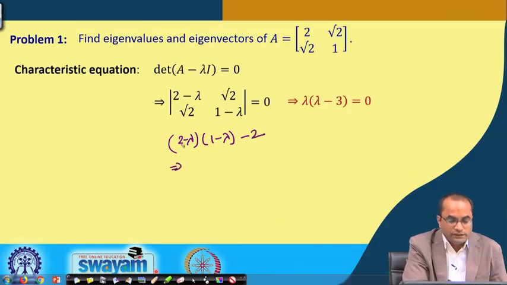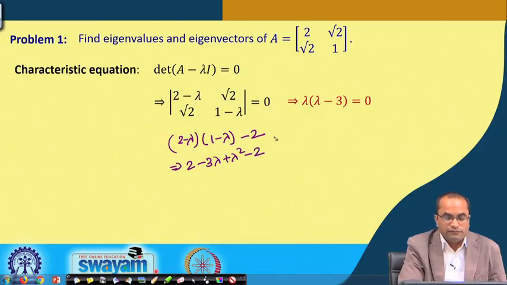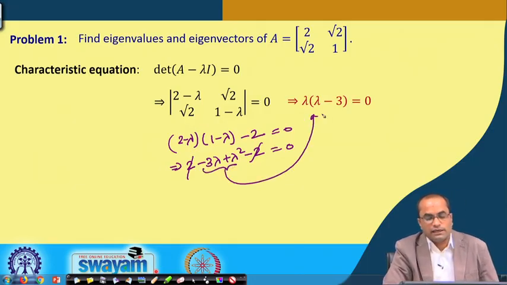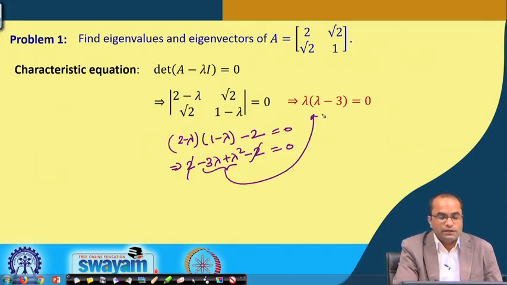What do we get here? The 2, then minus 2 lambda, and minus lambda, so 3 minus 3 lambda plus lambda square, and then we have minus 2. So, this 2 gets cancelled, and we have exactly this characteristic equation, which is lambda times lambda minus 3.